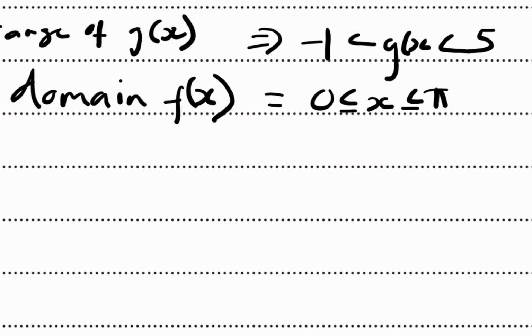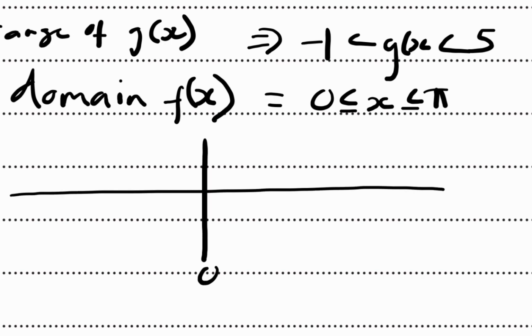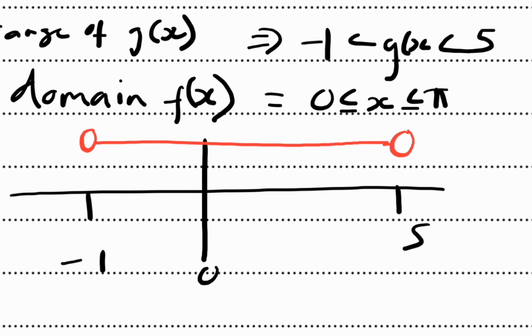So let me try and explain this a bit further. So if we have a number line like this, -1, then maybe 5 here, g of x is going from -1 through to 5, like that, right? And f of x, so we're taking this as a domain, right?